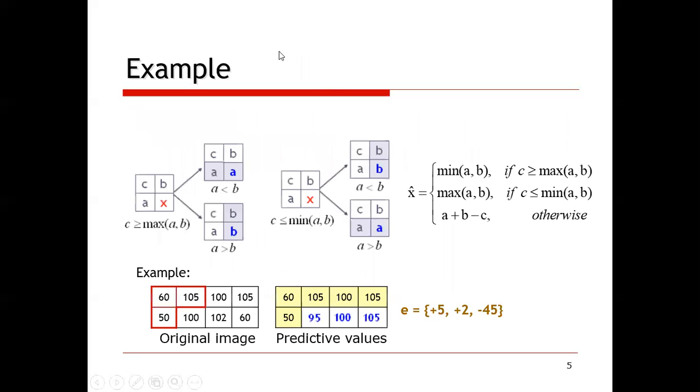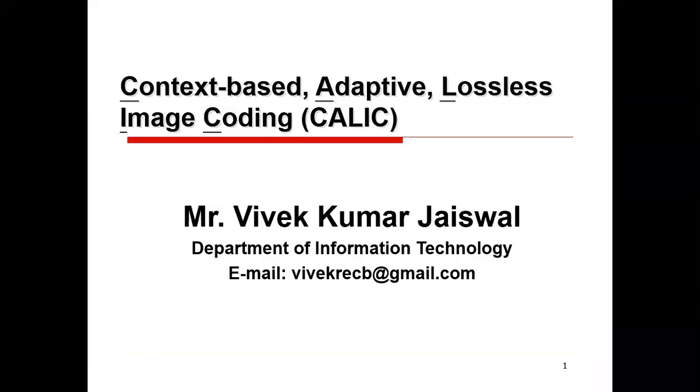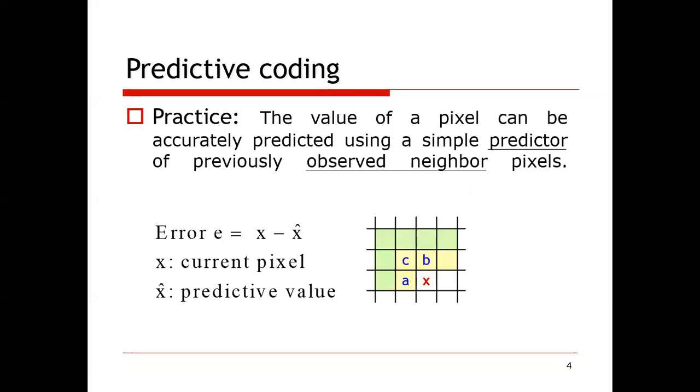Suppose, for example, see here, one module. How do we find the predictive value of x? The target is that in CALIC first we use the predictive value of the given pixel as well as the context value of the given pixel x.